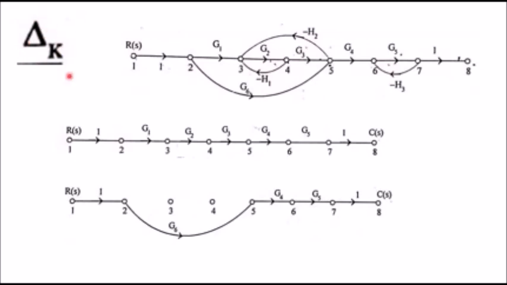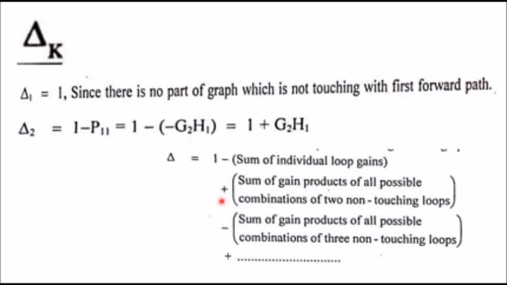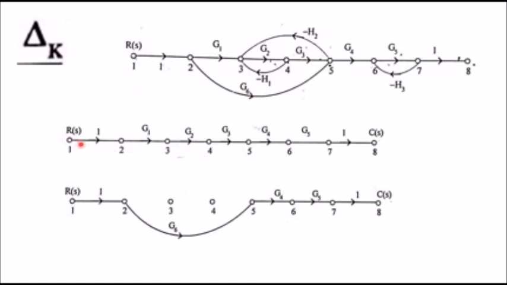Del K can come from this forward path and also from this forward path, so we have K equal to 1 and K equal to 2. For K equal to 1, del 1 is equal to 1. Why is del 1 equal to 1? There is no part of the graph which is non-touching with this forward path.